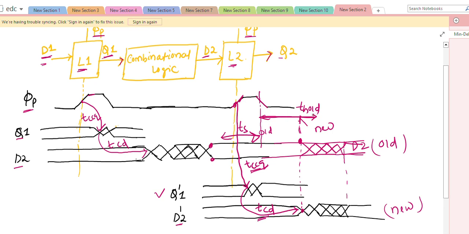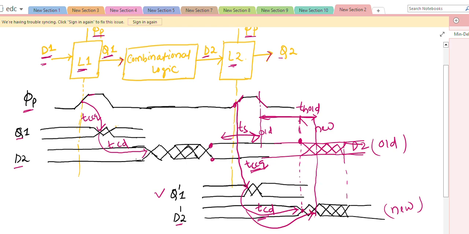So either we have to decrease the hold time, or we have to increase the contamination delay of the combinational logic. Decreasing the hold time of the latch is difficult, so we can increase the contamination delay of the combinational logic. If I make D2 change at this time, that means by increasing the contamination delay up to this, then the hold time violation will not occur and we will get a proper output at Q2.